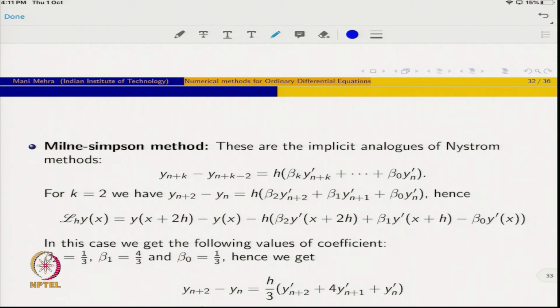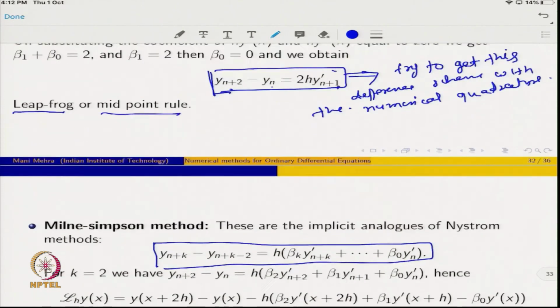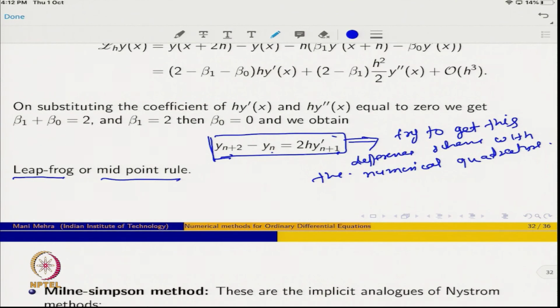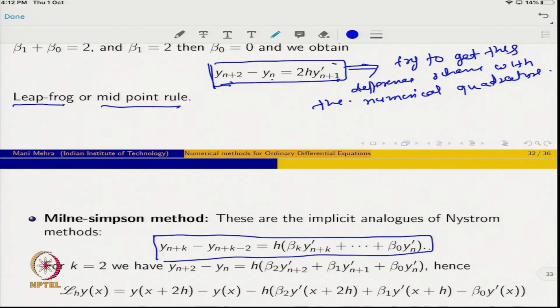So, here the difference scheme will look like the following form. From the left hand side you can observe that the first characteristic polynomial will automatically satisfy the root condition, because there is no difference in the left hand side, since this is just the implicit analogue of the Nystrom method. So, the difference will lie in the right hand side.